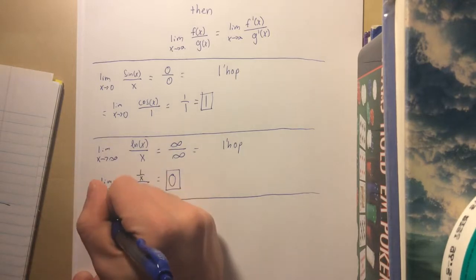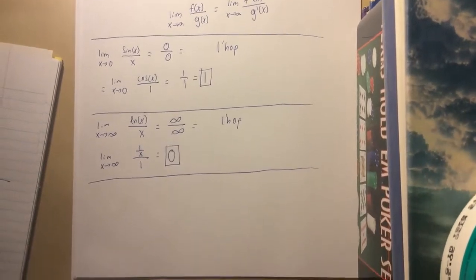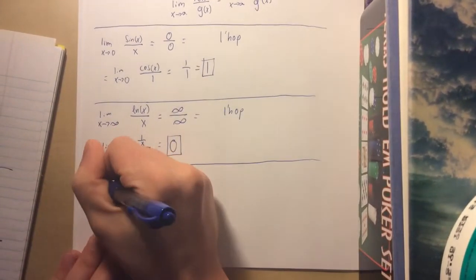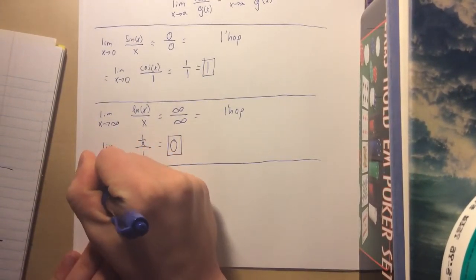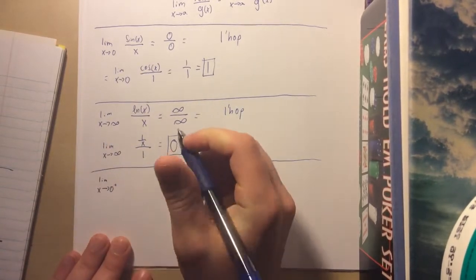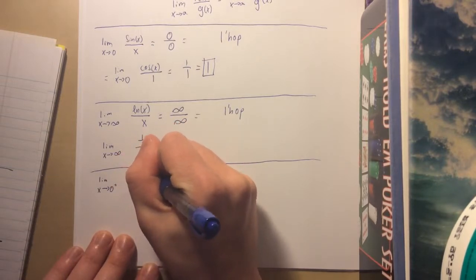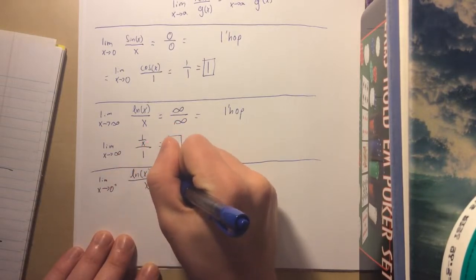So we have the limit as x approaches 0 from the positive side of log x over x.